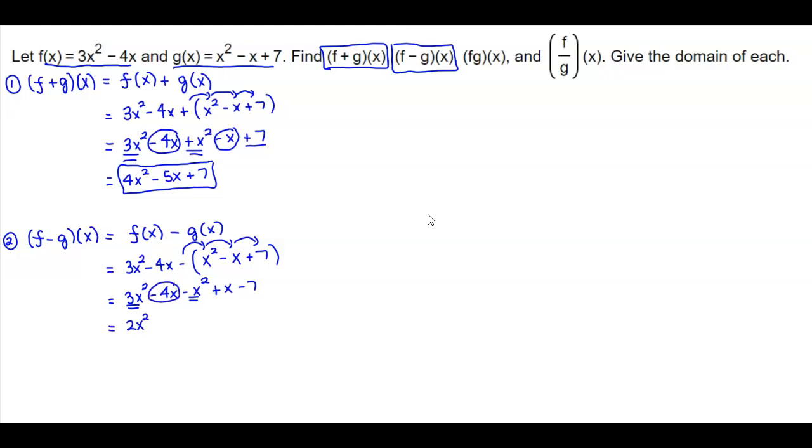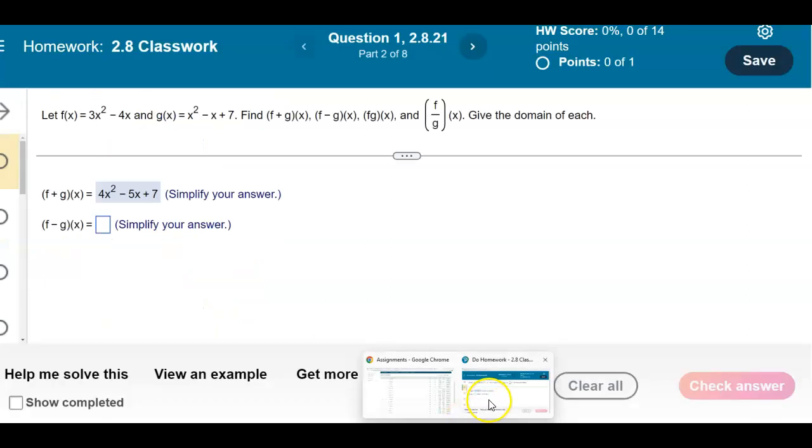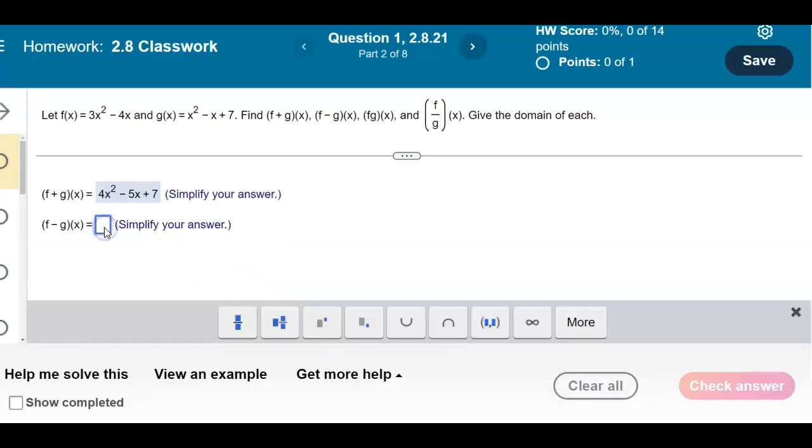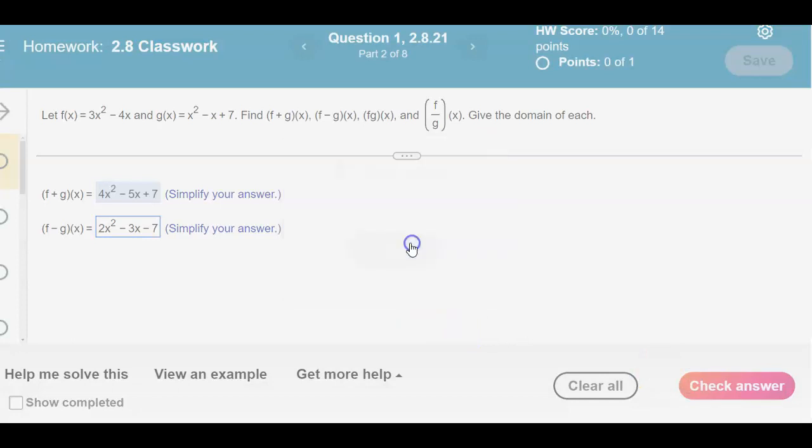We have negative 4x plus x, which gives us minus 3x. And then it's minus 7. So there is our answer for f minus g of x: 2x squared minus 3x minus 7. Let's check the result, and there's our answer.